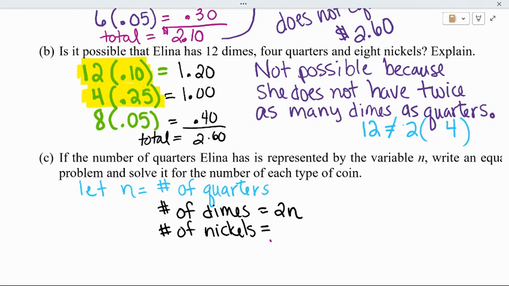She has more nickels. How many more? 2. So I take the number of quarters and add 2. What is the variable that represents the number of quarters? N. So it's just going to be n plus 2.